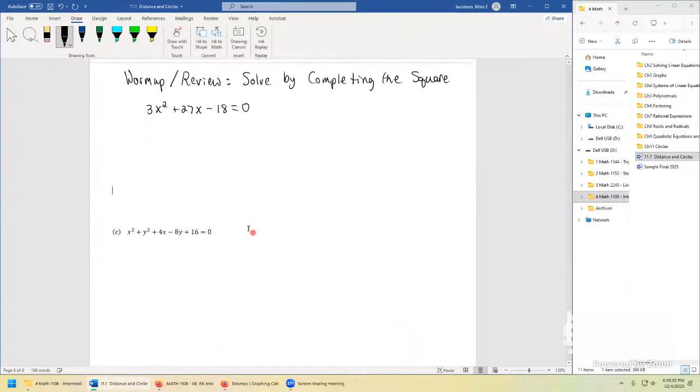Once we see how to complete the square on something like this, we can co-opt that strategy in part C, complete the square in both variables, and get that back to standard form. So we'll pause on part C and return back to this concept from back in the day.